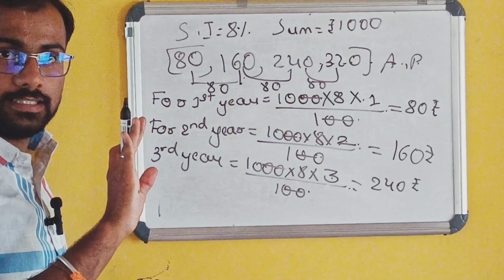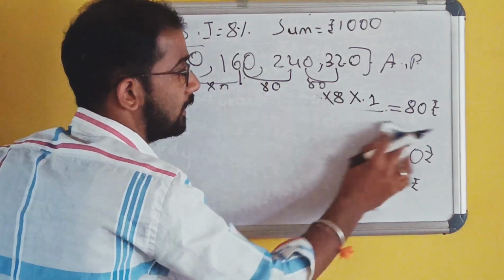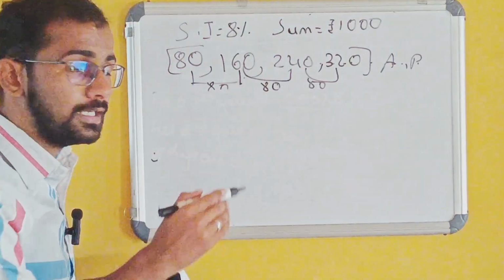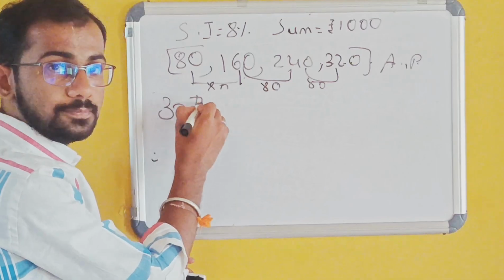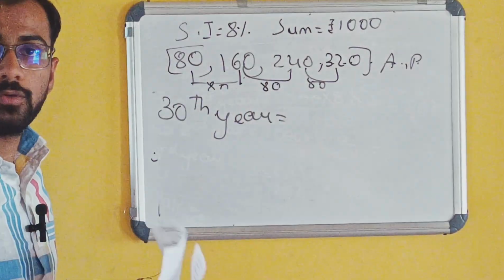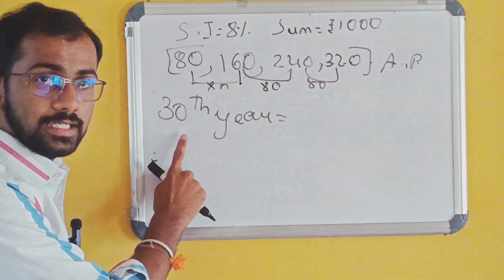First condition is checked. So if this forms an arithmetic progression, then we need to calculate the simple interest at 30th year. How do we have to calculate the value of simple interest at 30th year?